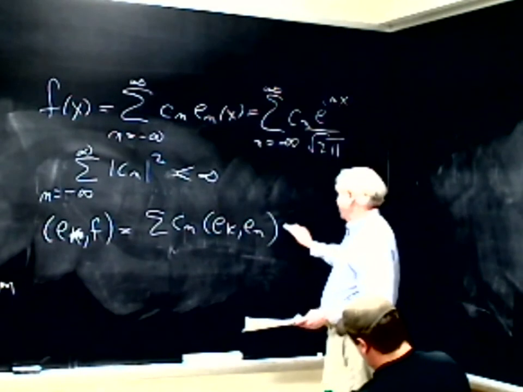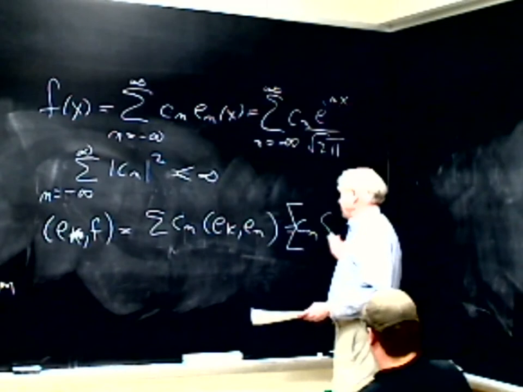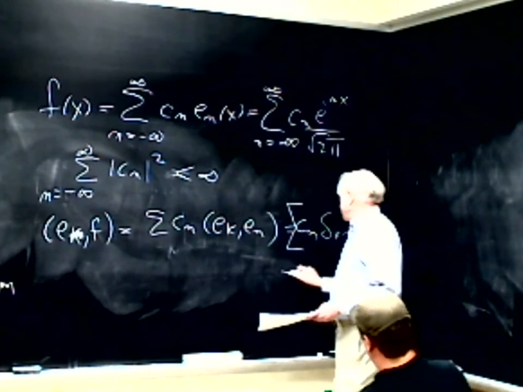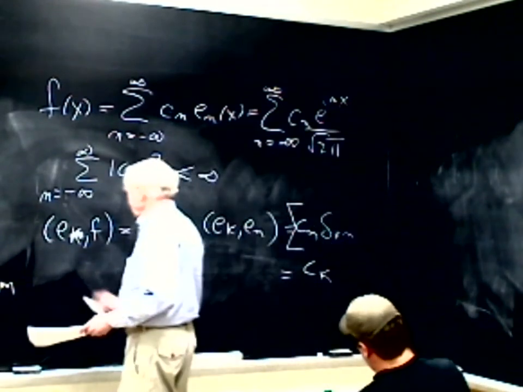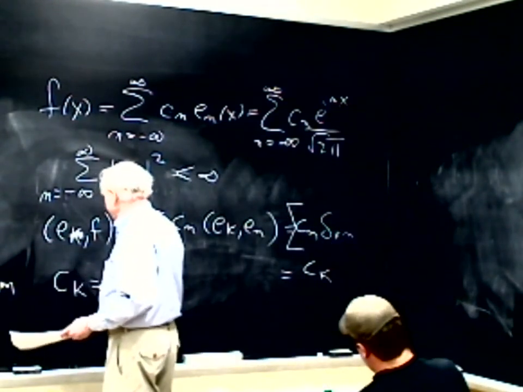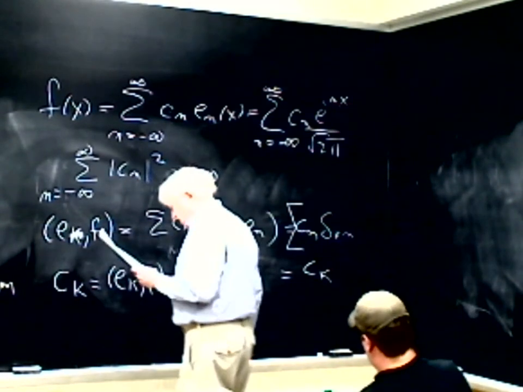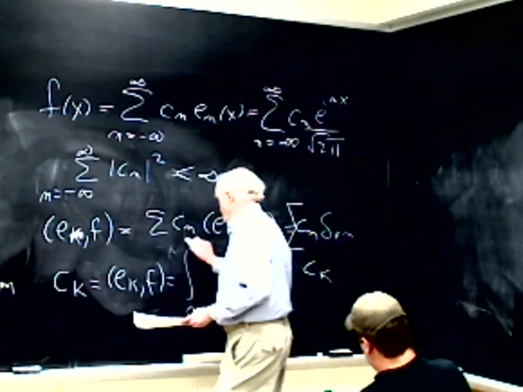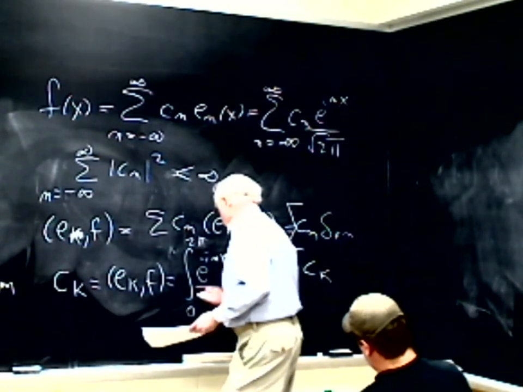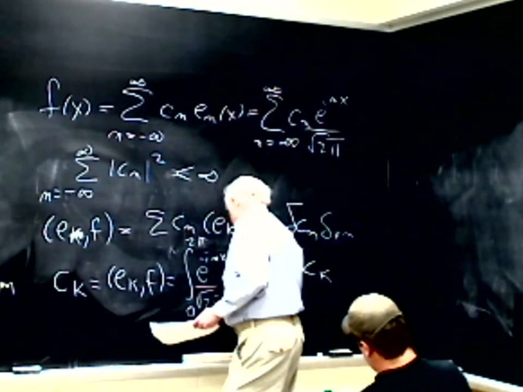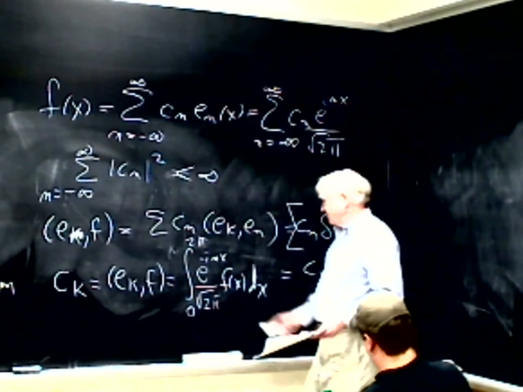And that inner product is simply the sum of c n delta k n. So that is just c k. So in other words, c k is just the inner product of e k with f, which is to say the integral from 0 to 2 pi of e to the minus i n x over root 2 pi times f of x dx. So that's what c k is.